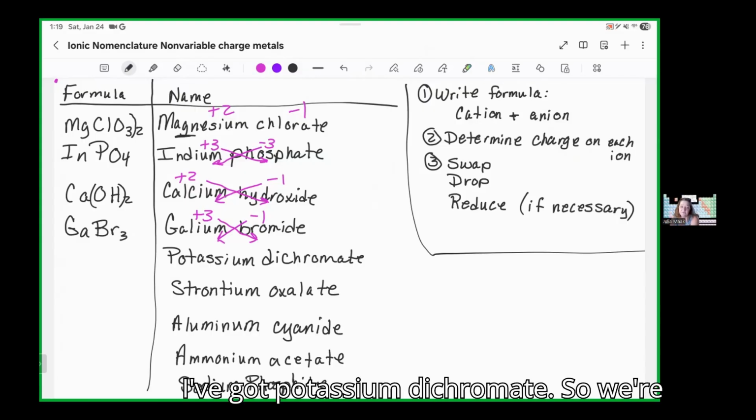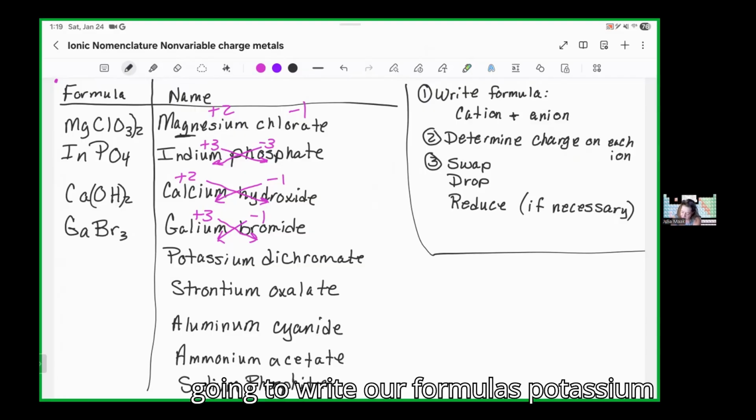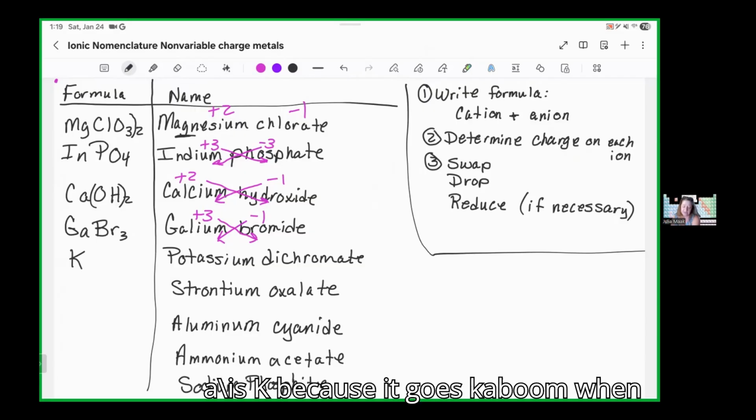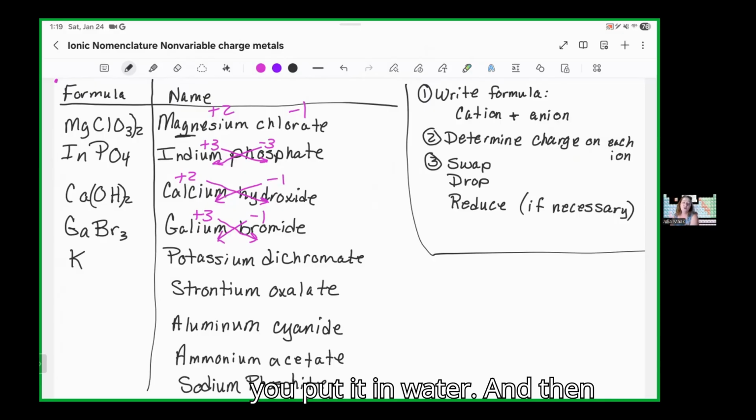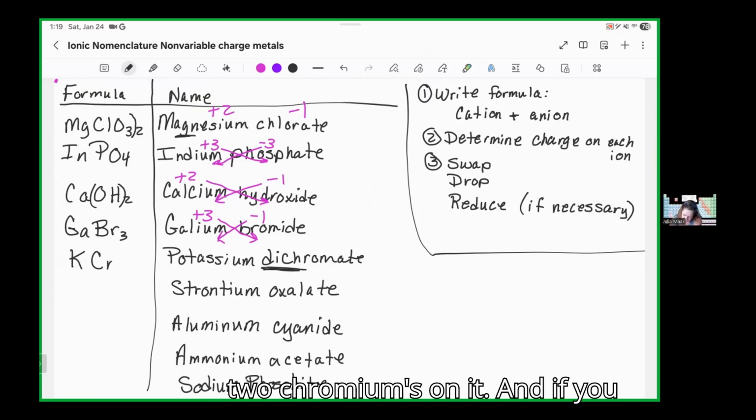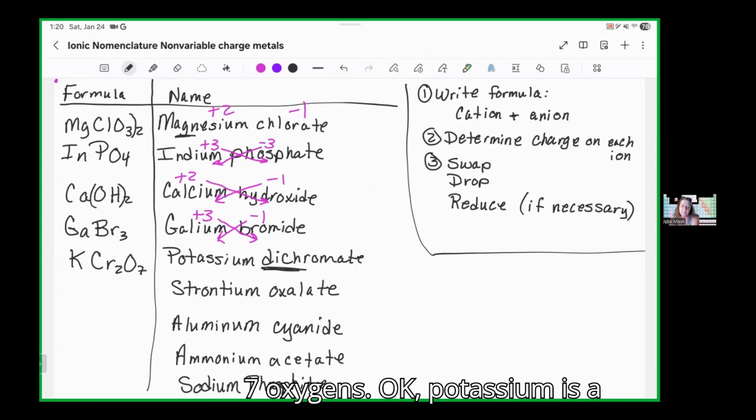Okay, so I've got potassium dichromate. So we're going to write our formulas. Potassium is K because it goes kaboom when you put it in water. And then dichromate is the one that has 2 chromiums on it. And if you have 2 chromiums, you need 7 oxygens.